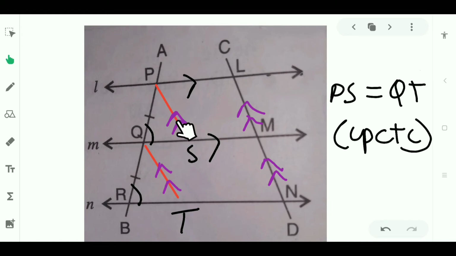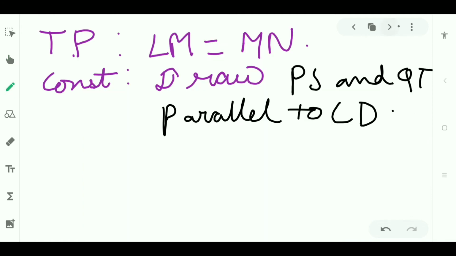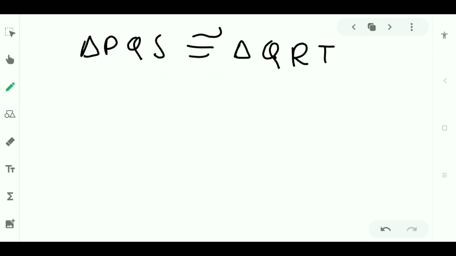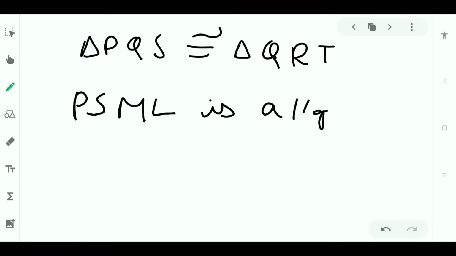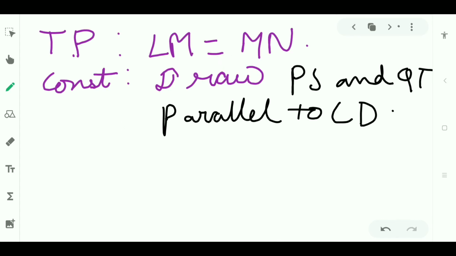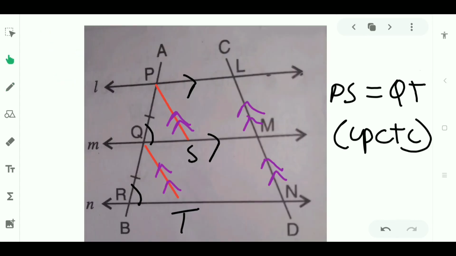As both pairs of opposite sides are parallel, PSML is a parallelogram. Now opposite sides of a parallelogram are equal, so PS is equal to LM.